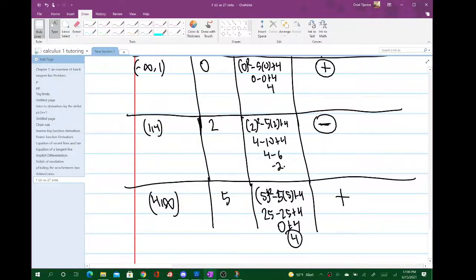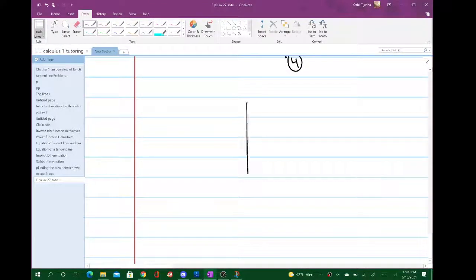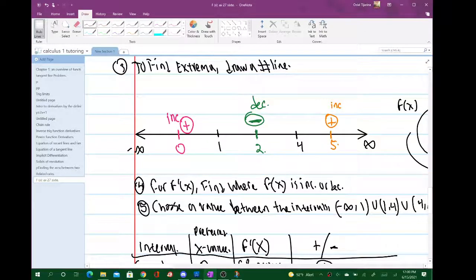And now to find the maximum and minimum, if I do a little sketch on the number line, let's say it increases, and then it decreases again, and then it increases back up again.